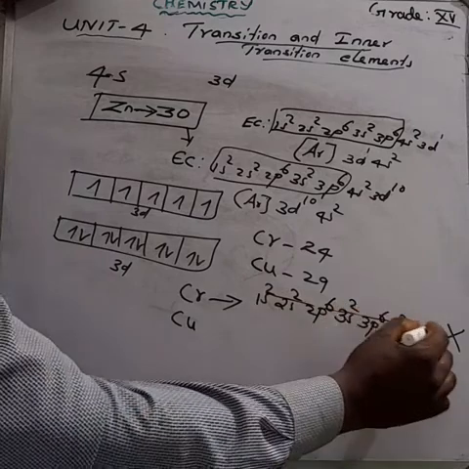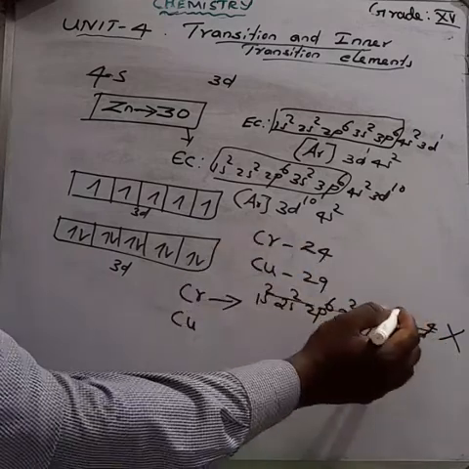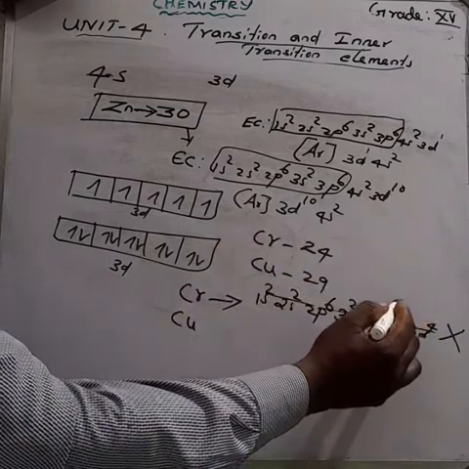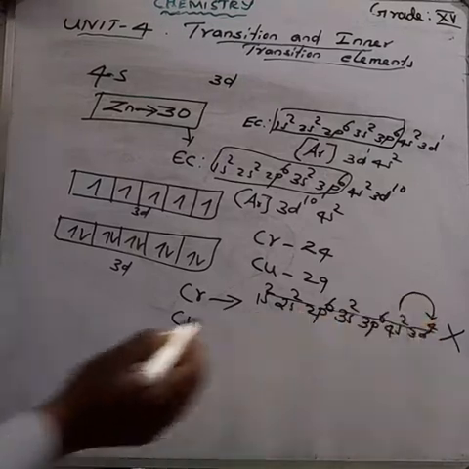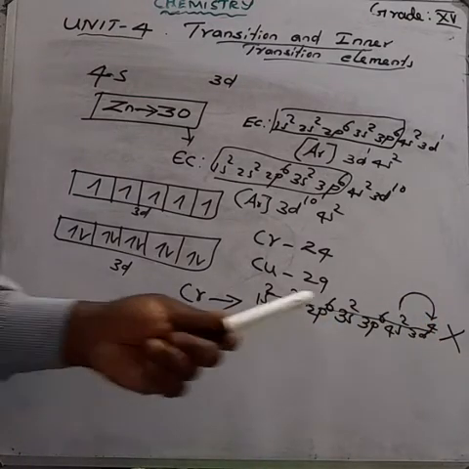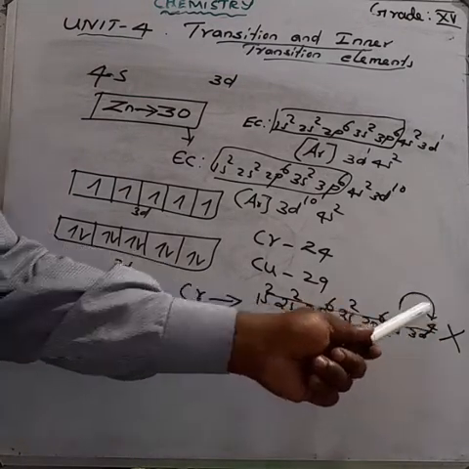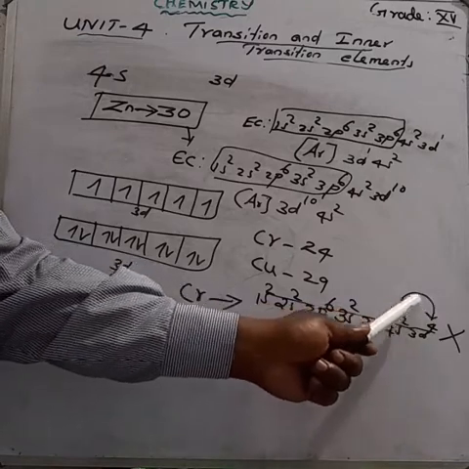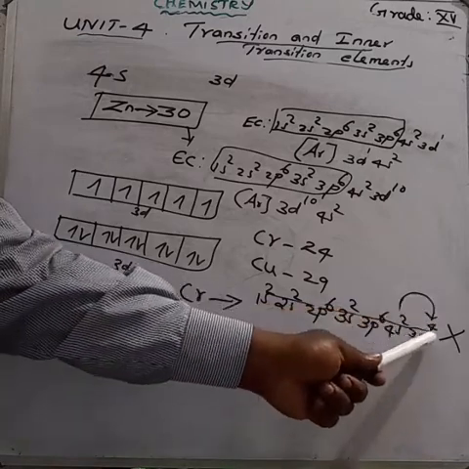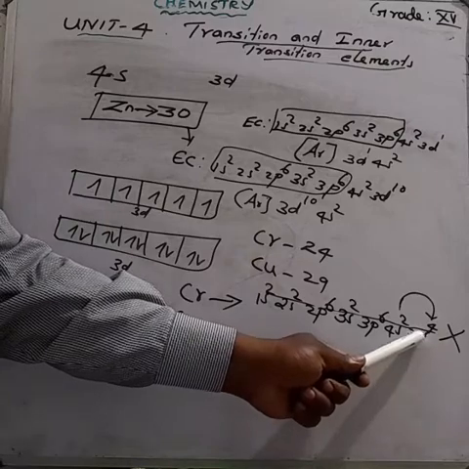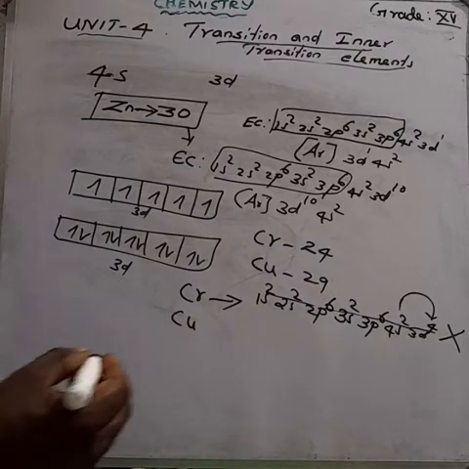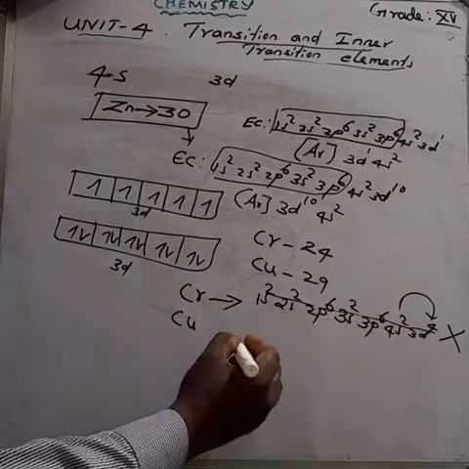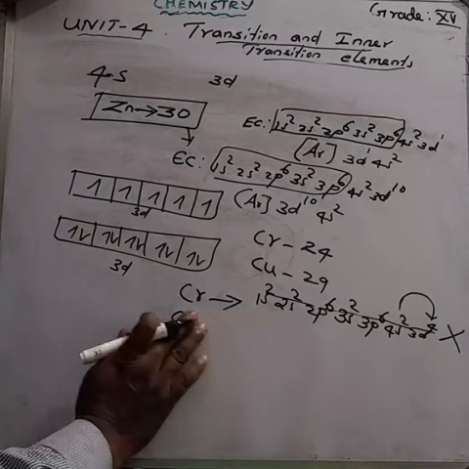How to change it? If there is a chance of acquiring a half-filled subshell, and here there is a very good chance, one electron moves from 4s to 3d, leaving 4s1. We are changing like that and acquiring 3d5, so it becomes half-filled.